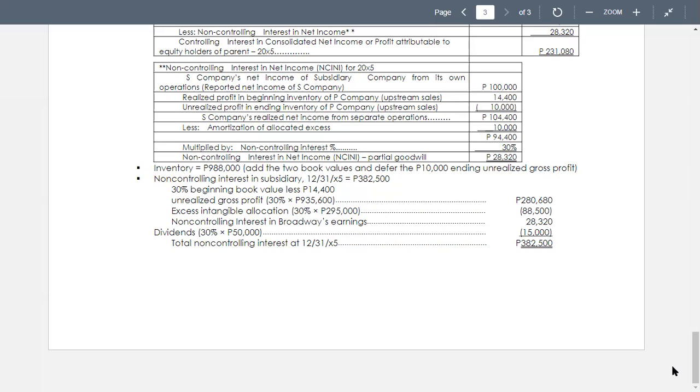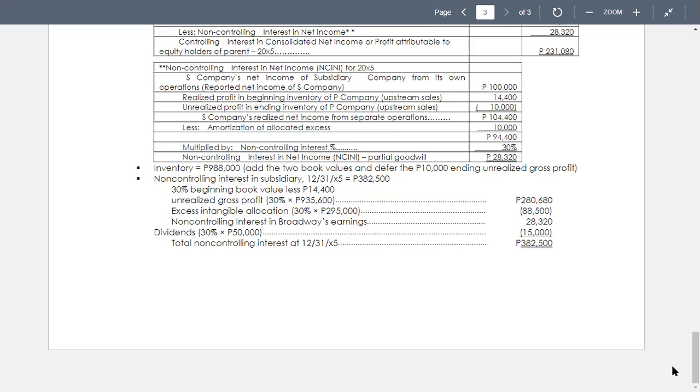So credit 96,000, debit 20,000. You have a credit of 76,000. So under the cost method, 48,000, and under the equity method, 76,000. So number 15 is letter D.